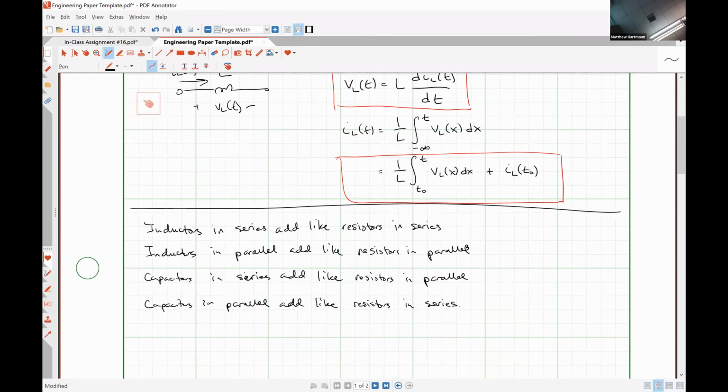And so they can all be treated like resistors in a steady state sinusoidal circuit, but we are not there yet. That'll be another about 1 week from today, I think. So for now, we have to apply these 4 rules in order to combine capacitors and inductors.